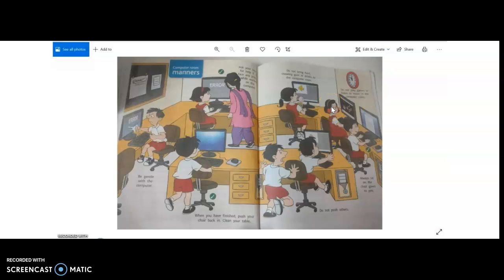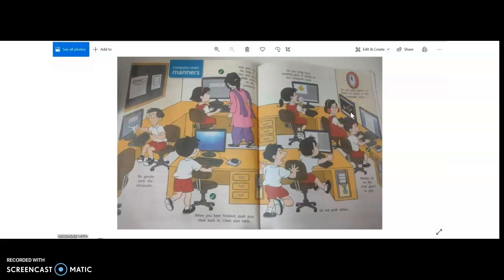Next. When you come to the lab, do not play games or listen to music in the computer room. When your teacher is taking you to your computer room, you should follow and learn the lessons that are being taught by your teacher.